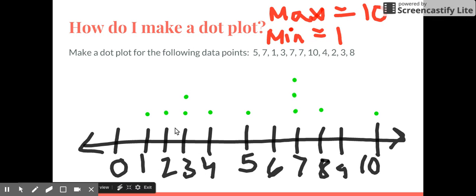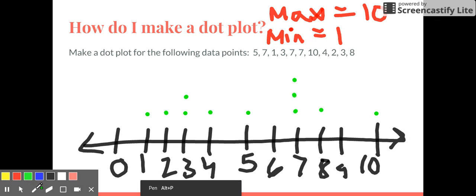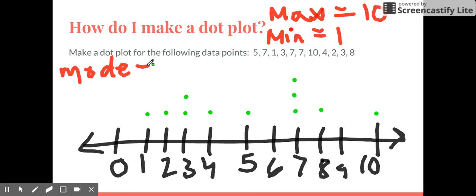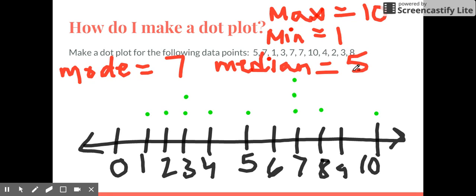All right, so from here I can get some other information from this. For example, I could get the mode. So we're looking at our data landmarks. The mode occurs the most. My most dots is above 7, so my mode is 7. I can get the median. And we've talked about this, putting them from least to greatest, crossing out. If you did that process, you would find the median is 5.